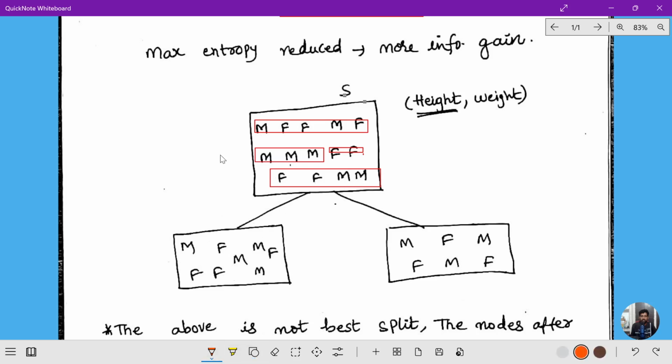So in this we have the total data items as 14. Now I am going to split this data based on height. When I say based on height, let us assume I received these number of values on the left side and these number of values on the right side. So this is called left side data, this is called right side data.